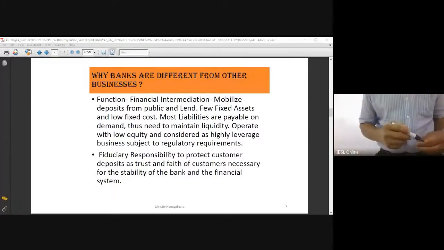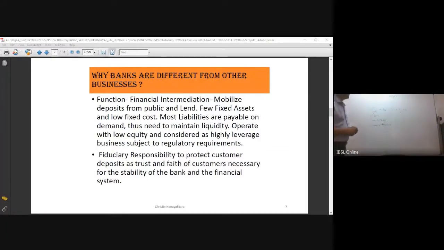Now looking at this, our current assets include cash, investments. Generally, banks are supposed to keep from their total assets. I will put the total assets of this side 100 and this side 100.